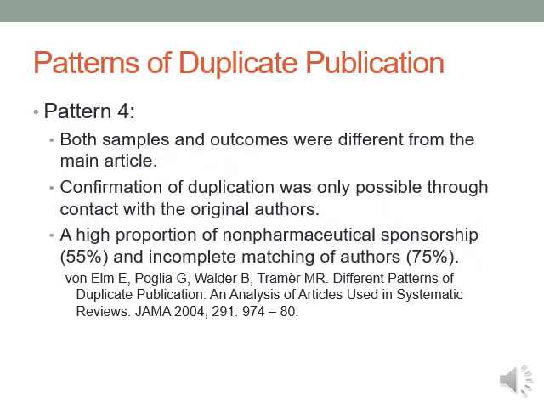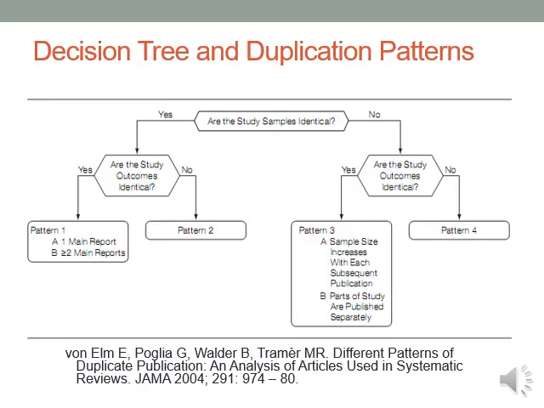In pattern 4, both samples and outcomes were different from the main article, and it is difficult to know except by contacting the original author. To know what the pattern type is, we are going to study the sample and see if it is identical. Then we will go to the outcome.